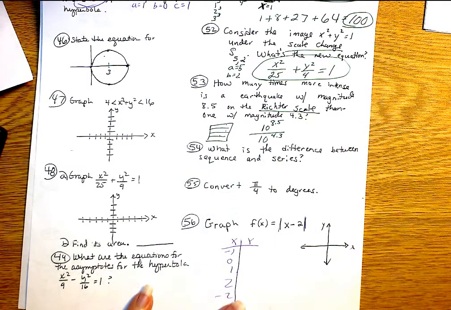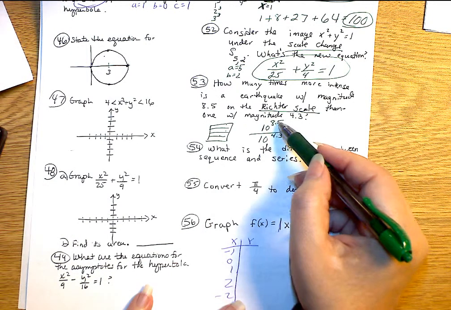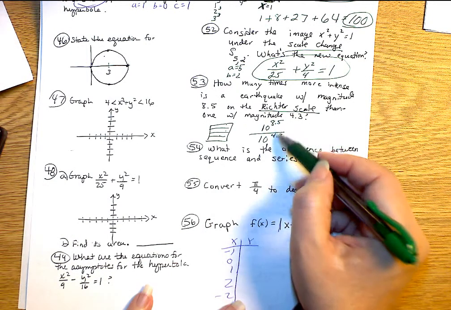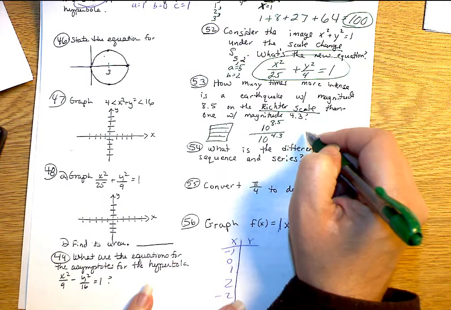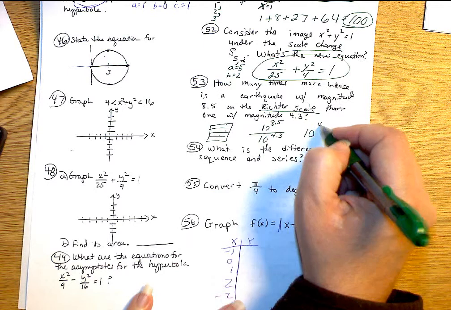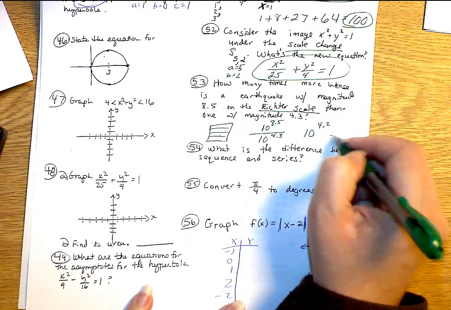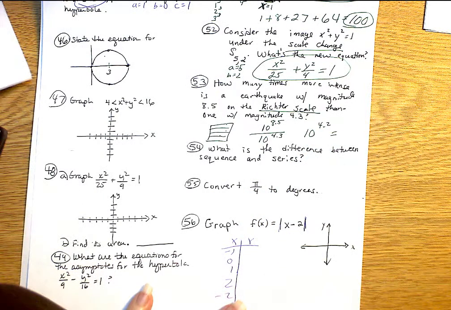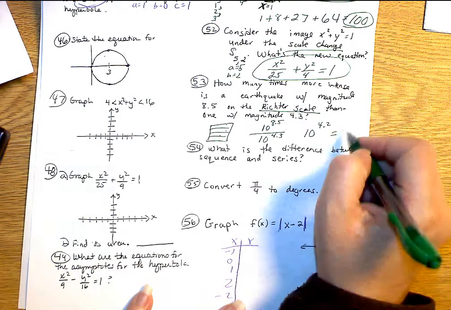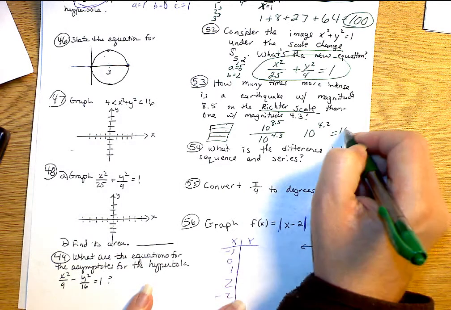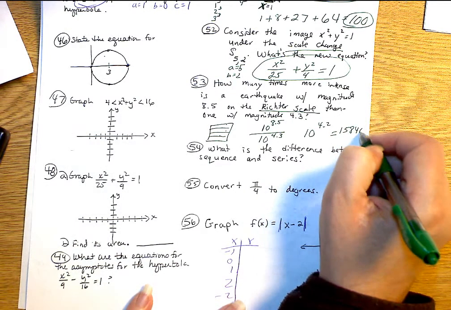These are exponents, so you're subtracting the exponents. So you have 10 to the 4.2, and then you throw that into your calculator and you get 15848.93.